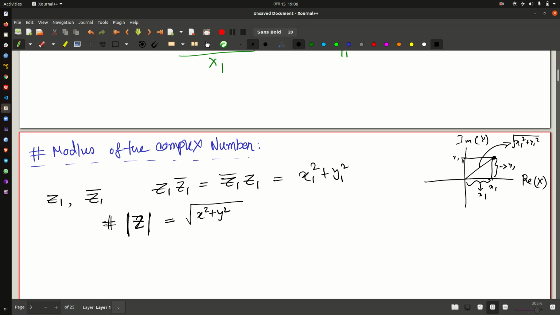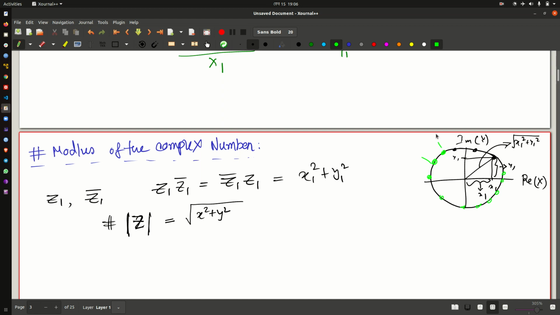If you draw a circle like this that has the same radius, all the complex numbers that lie on the perimeter of the circle will have the same modulus. So how will you distinguish between these numbers? Let's say this one and this one. When I give you a modulus, I have to give you another piece of information, and that piece of information is called an argument of a complex number.